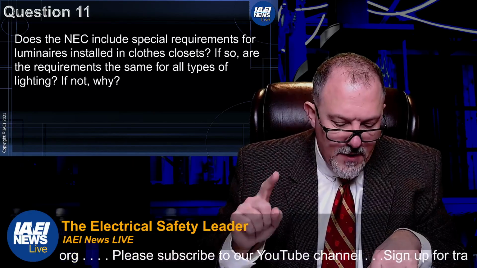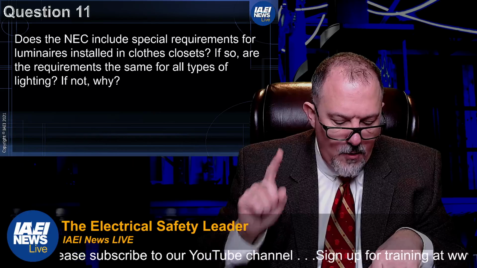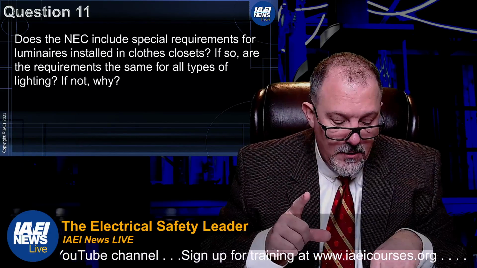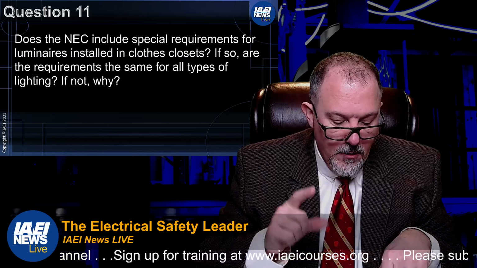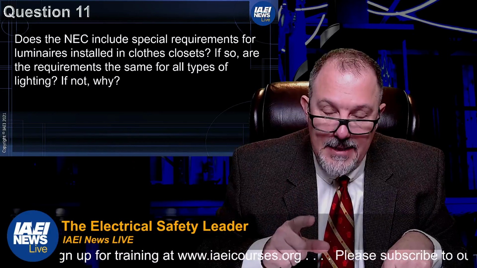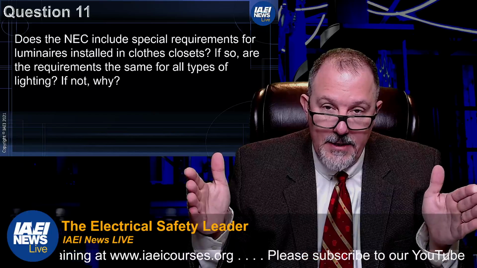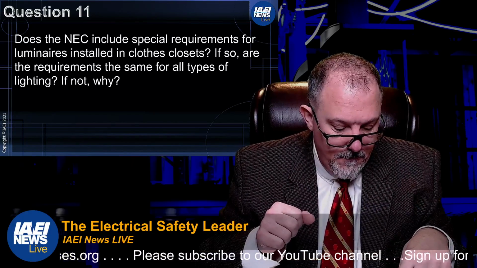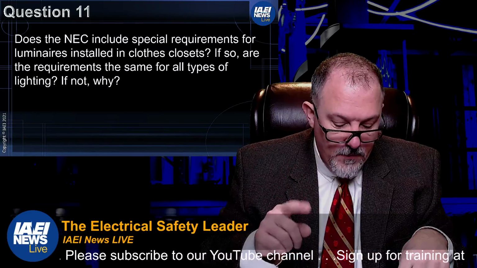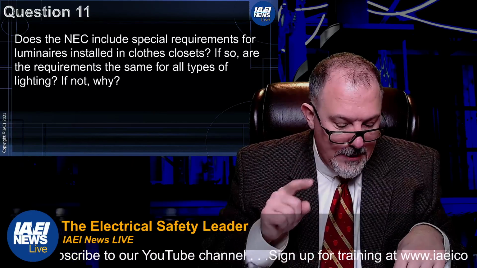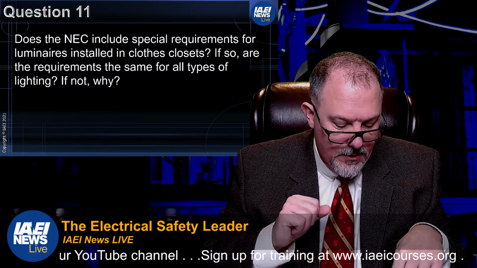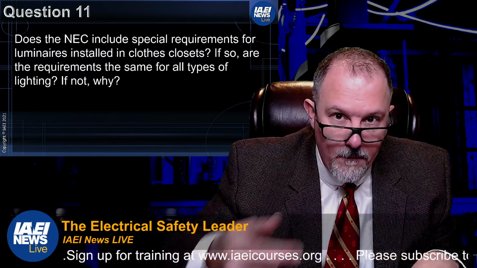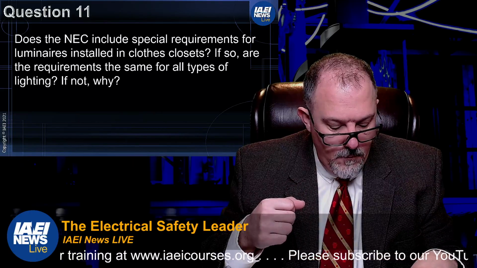6 inches for surface-mounted fluorescent luminaires installed on the wall above the door or on the ceiling. So fluorescence, you're allowed to put closer than LEDs. You have to have a 12-inch distance for LEDs, only a 6-inch distance for fluorescence. 6 inches for recessed incandescent or LED luminaires with a completely enclosed light source installed in the wall or the ceiling.